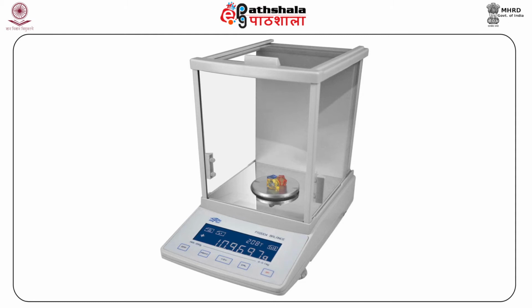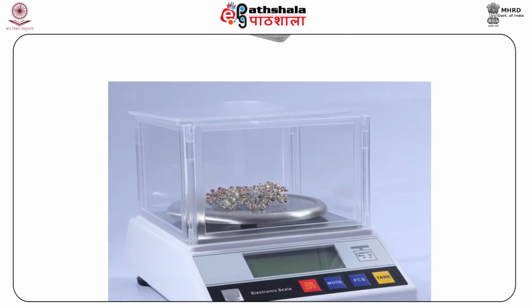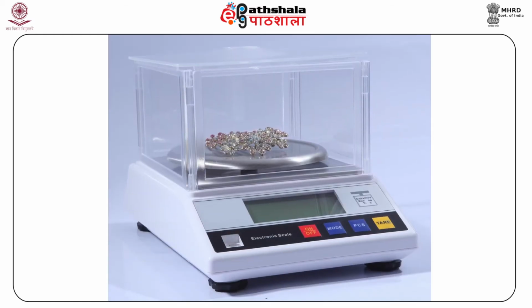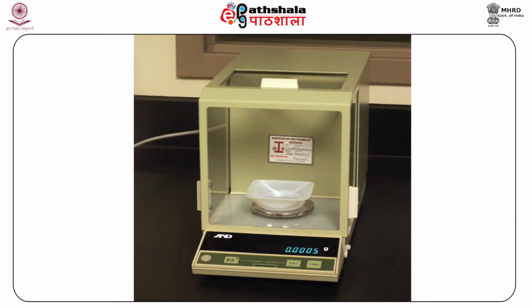By pressing the zero button at this stage, the balance will return to zero and disregard the mass of the vessel. The substance to be weighed is poured into the container and the balance will show only the quantity of the substance, excluding the container. This saves calculation time and effort.